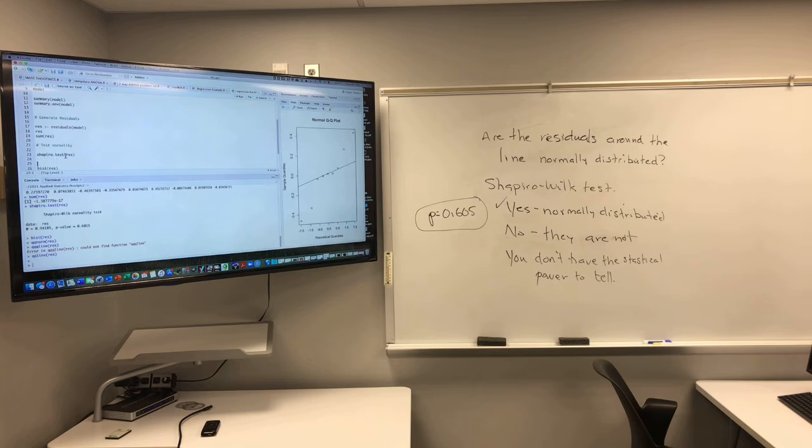Then after we test normality, we're going to look at the results so that we can actually see with our own eyes if we believe what the Shapiro-Wilk test is telling us. So what's the other thing that we need to test in terms of assumption checking? We've done this.